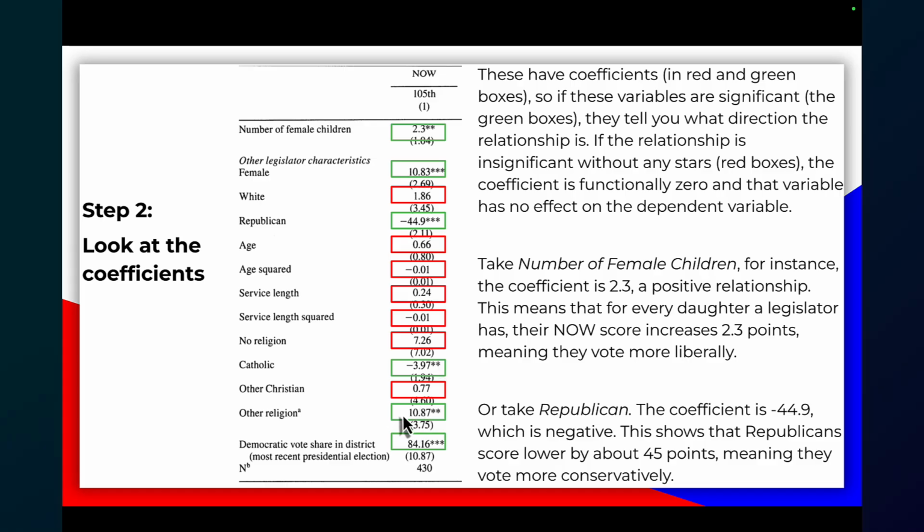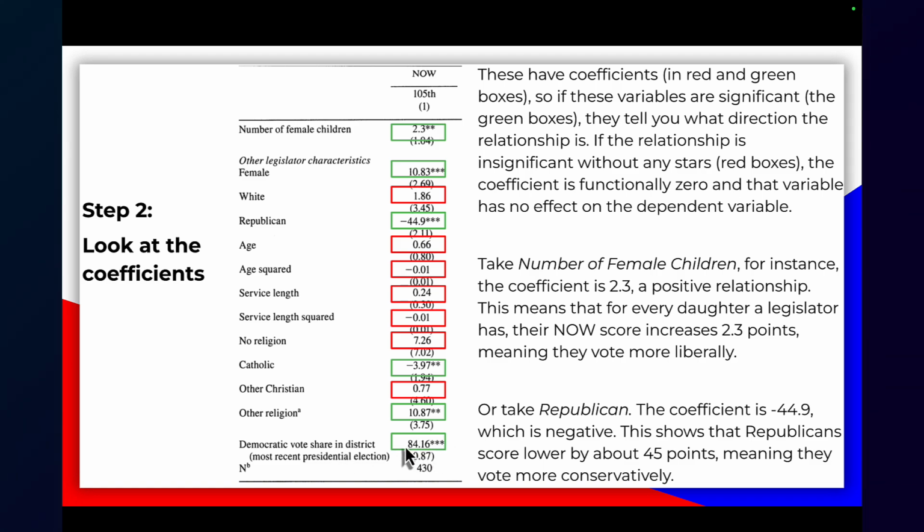Additionally, we see that if they identified as belonging to another religion, their liberalism score increased by about 11 points. Okay, and so it has a positive relationship. And then finally, in districts where there was a greater Democratic vote share, we also see a positive relationship.